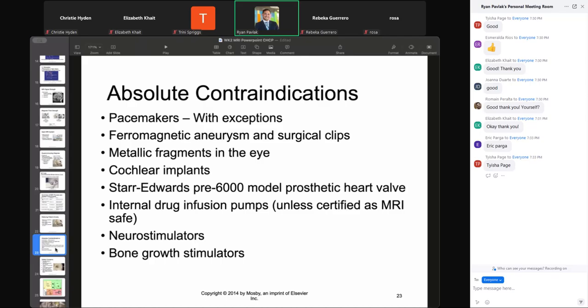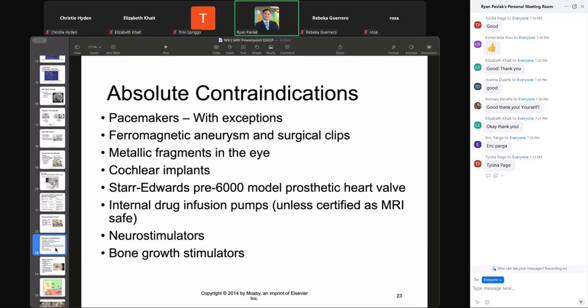But older ferromagnetic aneurysm and surgical clips are no-no. Metal fragments in the eyes, cochlear implants. Again, there are newer ones that can get scanned. However, the vast majority of the ones out there are not safe. So it does take some due diligence to research and make sure that what the patient has is cleared and what the parameters are for them to be able to scan.